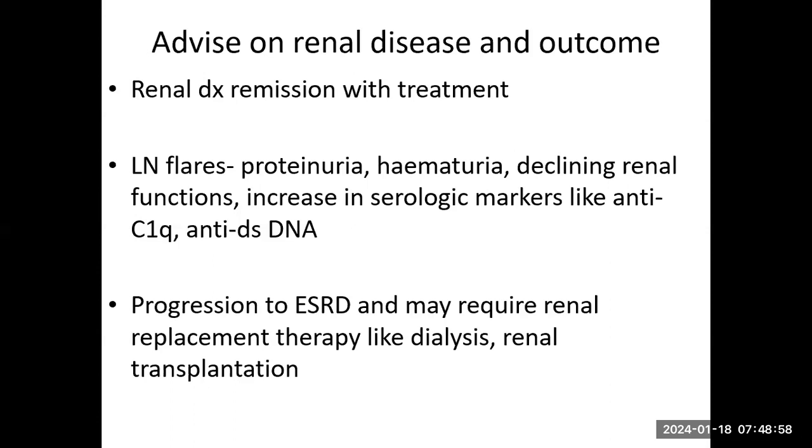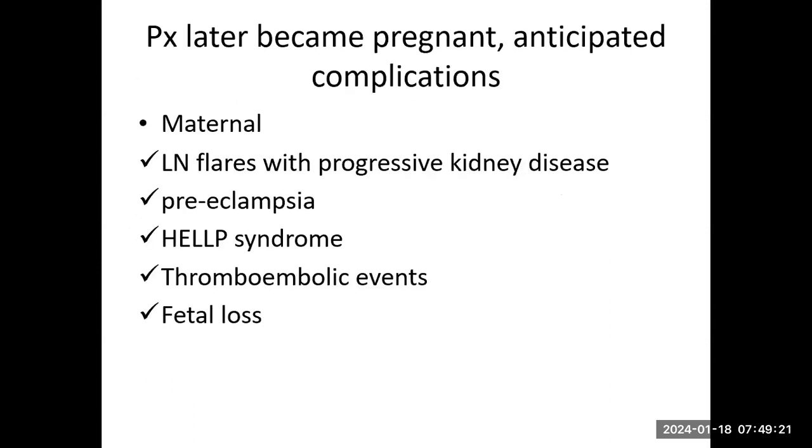However, I will also tell her that she could have a lupus nephritis flare, which will be indicated by clinical, laboratory, and histologic markers. She could also have progression to end-stage renal disease and may require renal replacement therapy like dialysis and renal transplantation, which I will educate her on.